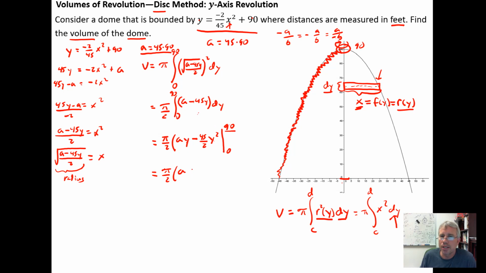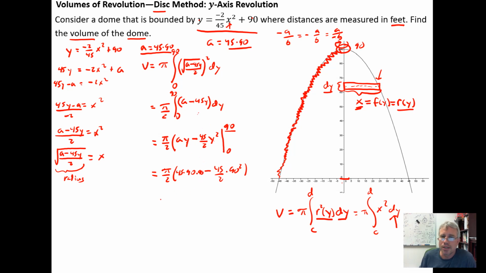Replace y with 90 minus 45 over 2 times 90 squared. And at this point, it's probably convenient to remember that a is just 45 times 90. So if I can replace the a with 45 times 90, which will be times the 90 that I brought in for the y.